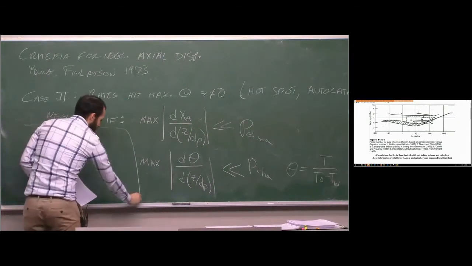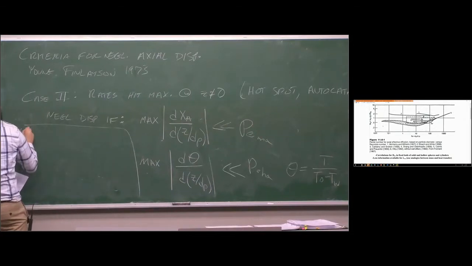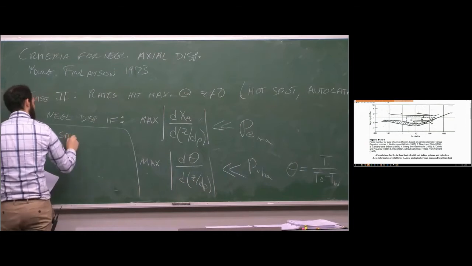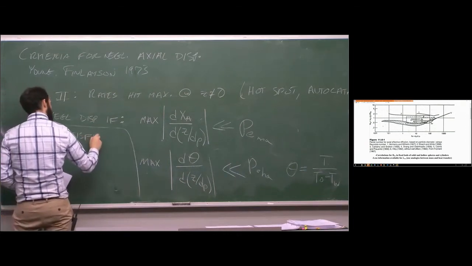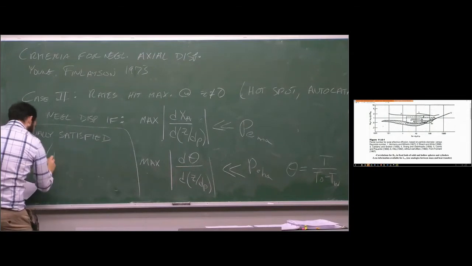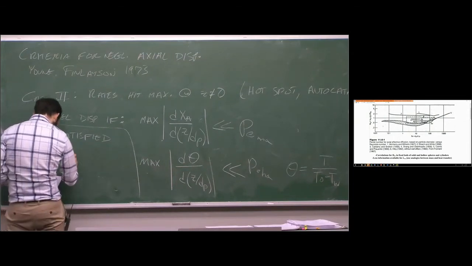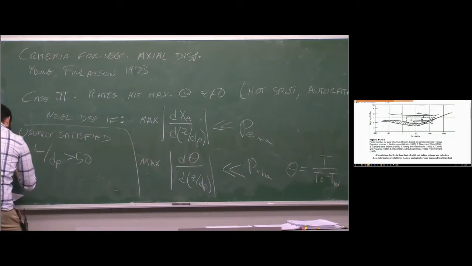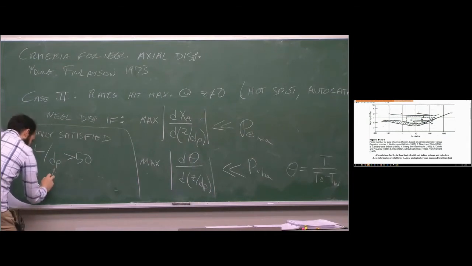Both of these are usually satisfied when you have a length over a diameter greater than 50. Again, this is the length of the bed. This is the particle diameter.